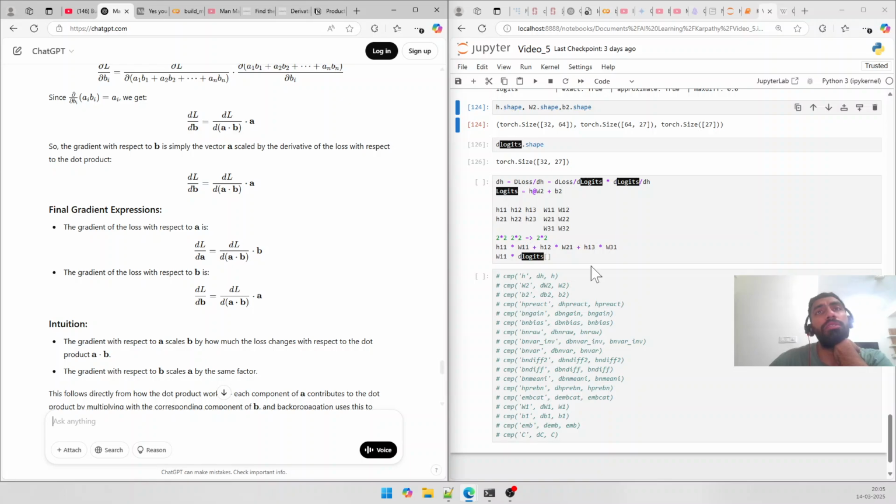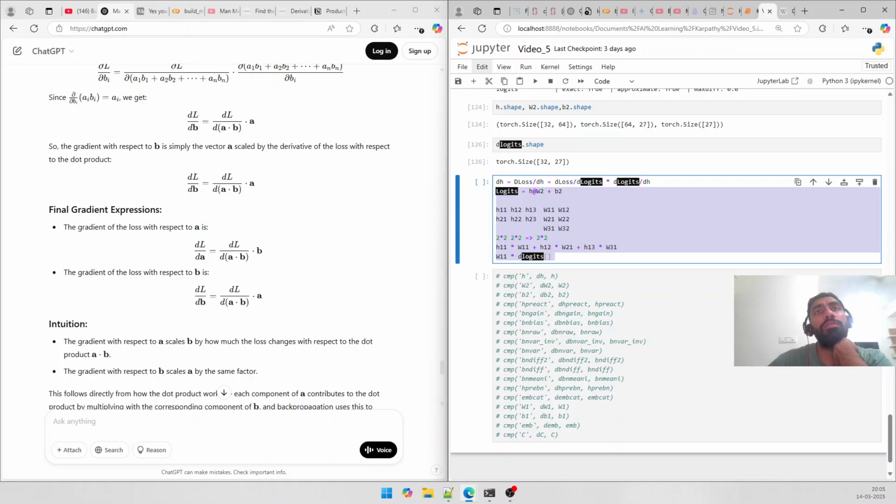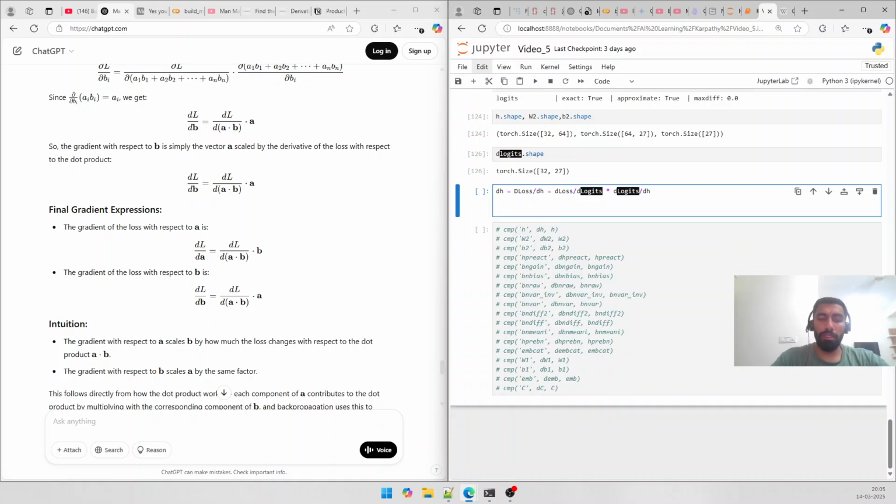So what he's saying is if h at the rate w2, d of this, dh will be equal to w2.